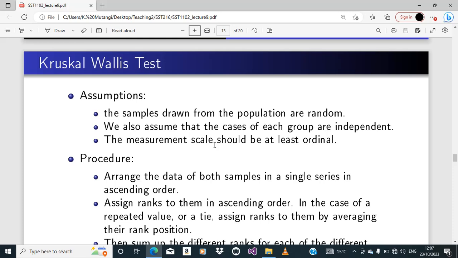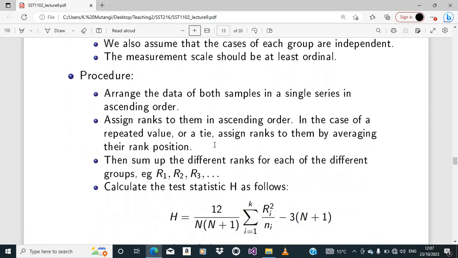So the procedure: you arrange all the data in a single series in ascending order, which means irrespective of which group it came from. You assign them ranks in ascending order, and if there is a tie, then you can find the mean of the ranks. Then you sum up the different ranks for each of the different groups, and you denote those by R1, R2, R3.